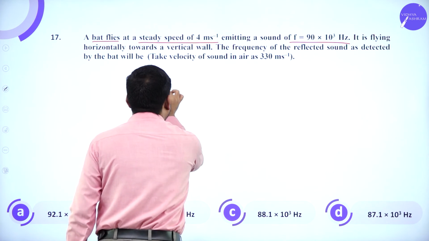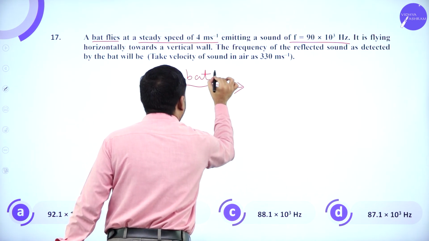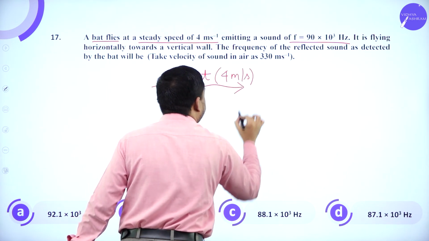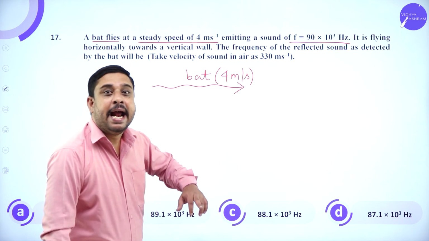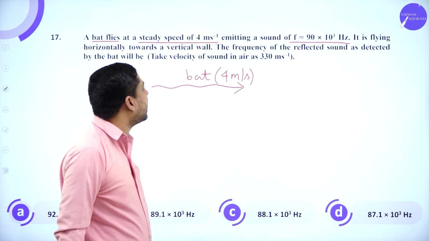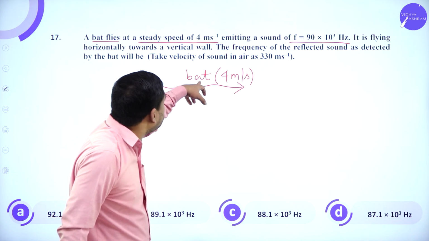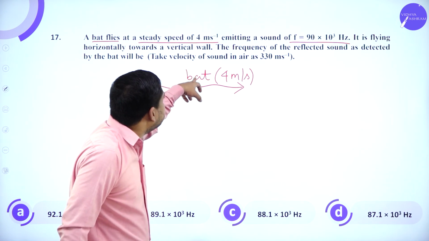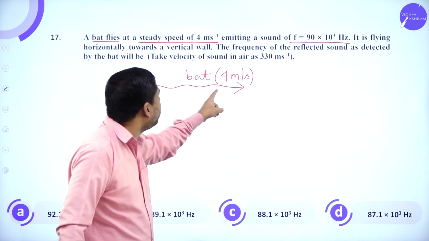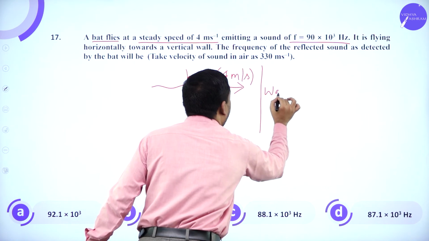So there is a bat which is flying with a velocity of 4 meters per second, emitting a sound wave of frequency 9 into 10 power 3 hertz. So the source of sound is the bat. It is flying horizontally towards a vertical wall.